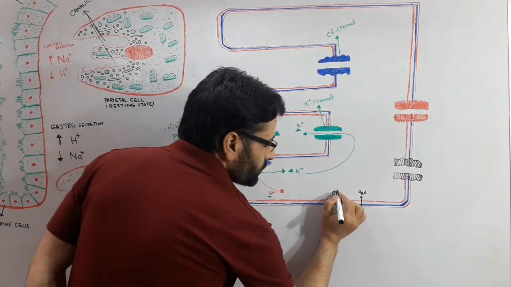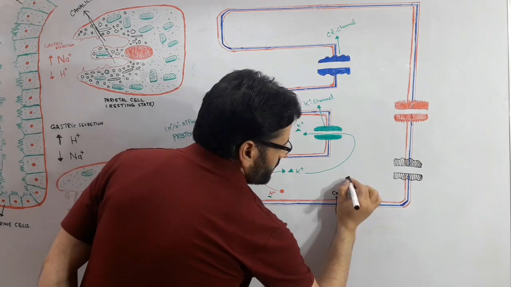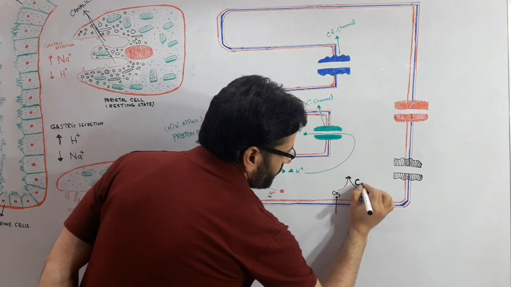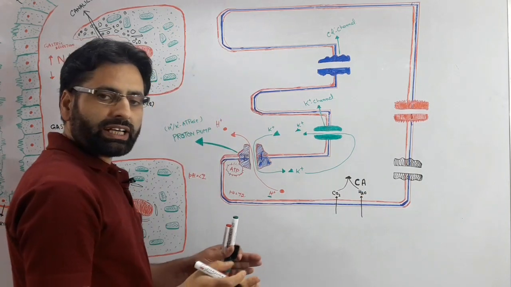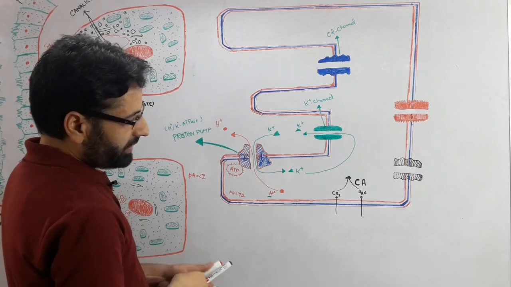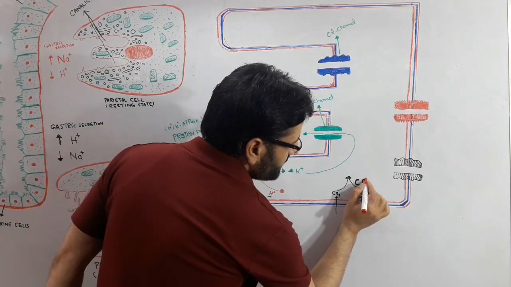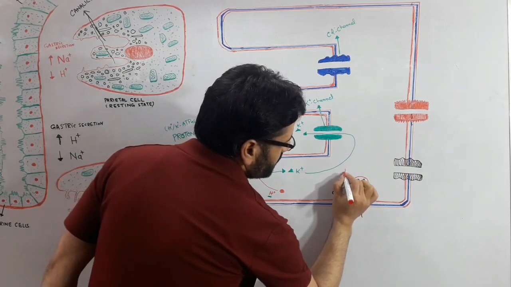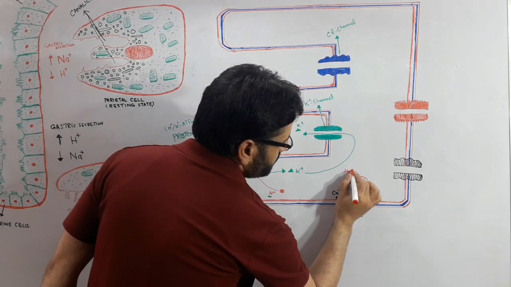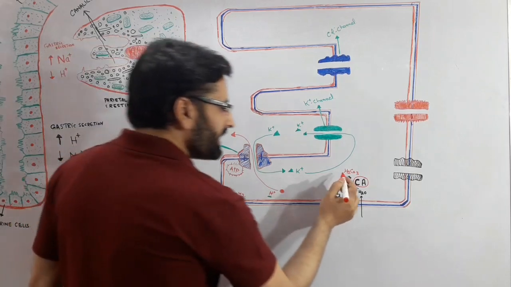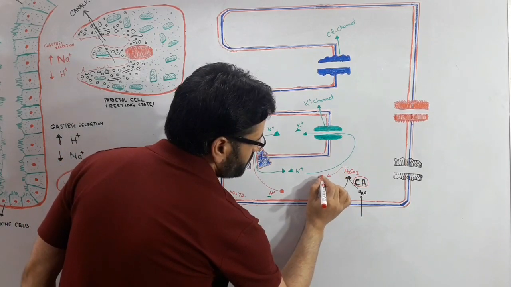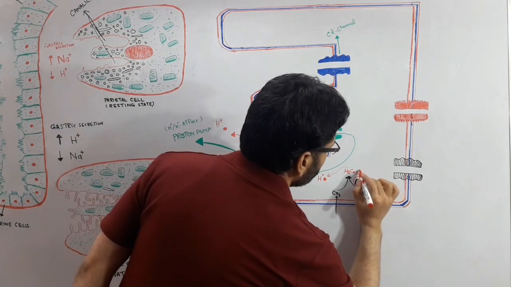These two molecules combine with each other in the presence of an enzyme called carbonic anhydrase. So in the presence of carbonic anhydrase, the carbon dioxide and water combine to form carbonic acid, and this carbonic acid then dissociates into H positive and bicarbonate.